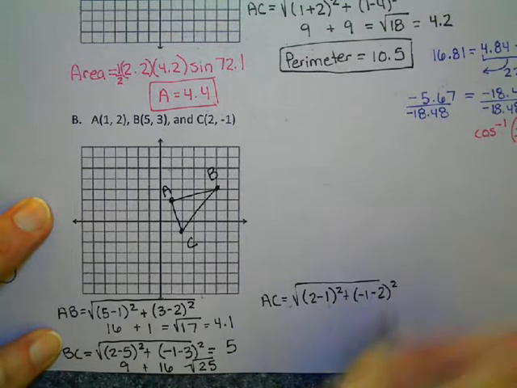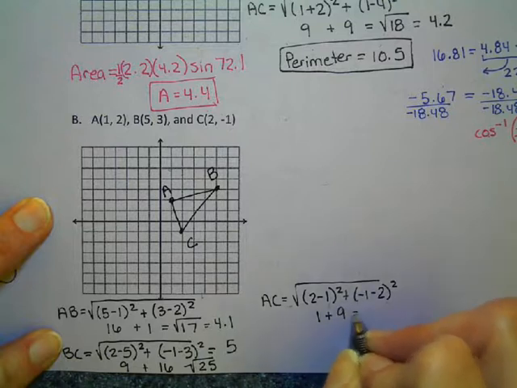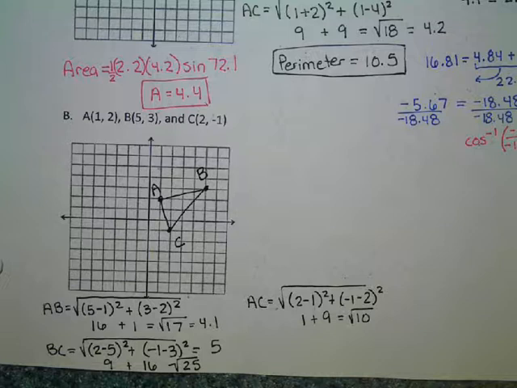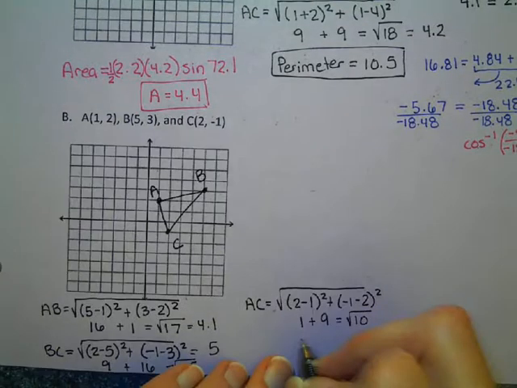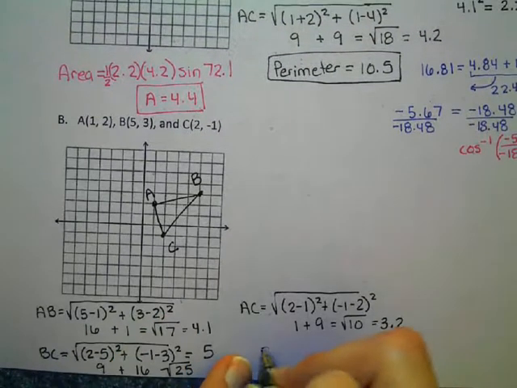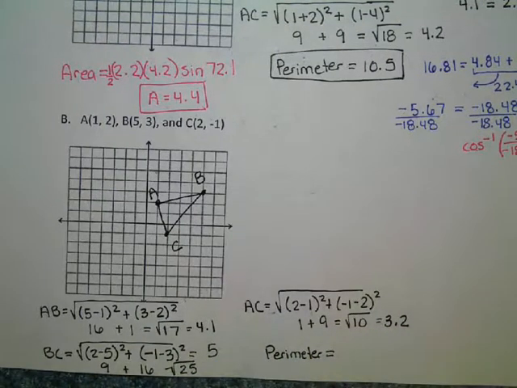AB, BC, so AC. Two minus 1 squared plus negative 1 minus 2 squared. That's 1 squared is 1. This comes out to negative 3 squared is 9, so it's square root of 10. So that is 3.2.